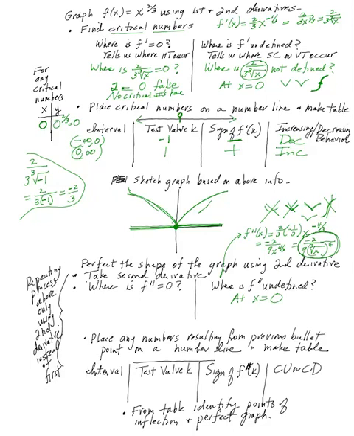Where's the second derivative equal to 0? Well, where is negative 2 over 9x to the 4/3 equal to 0?